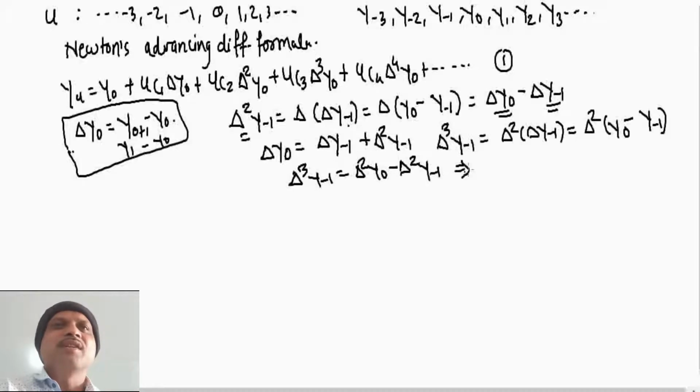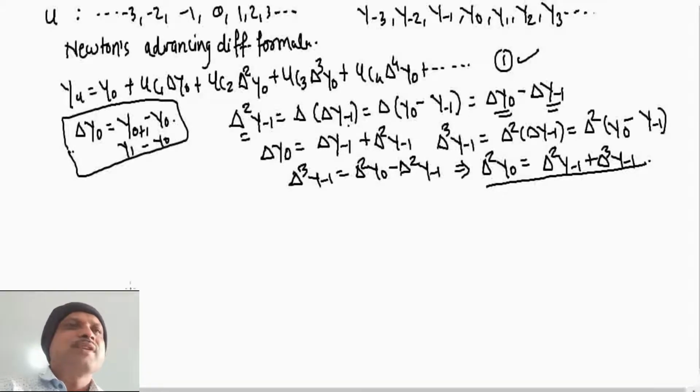This implies delta square y0 equal to delta square y at minus 1 plus delta cube y at minus 1. Now let us put these values in this equation.